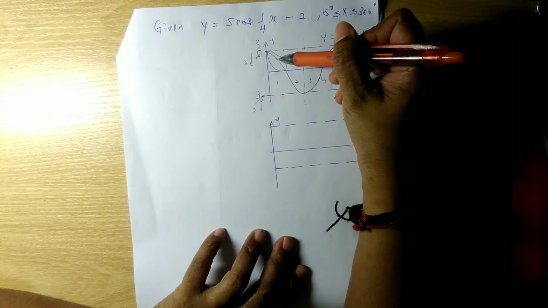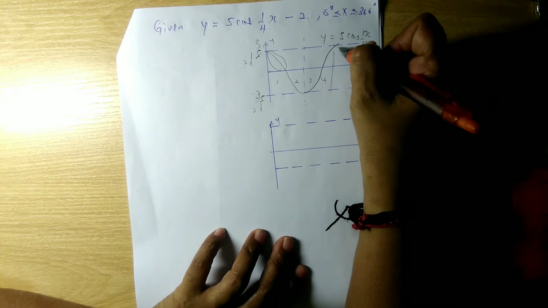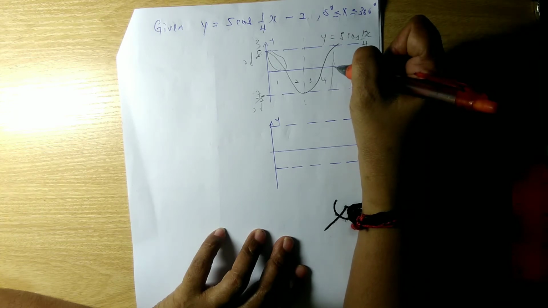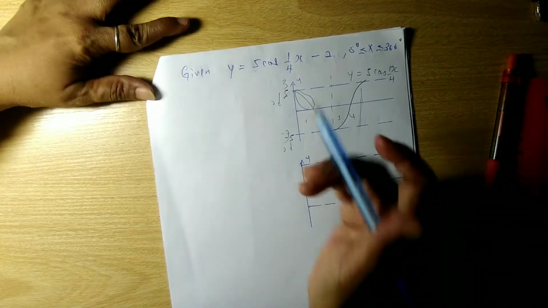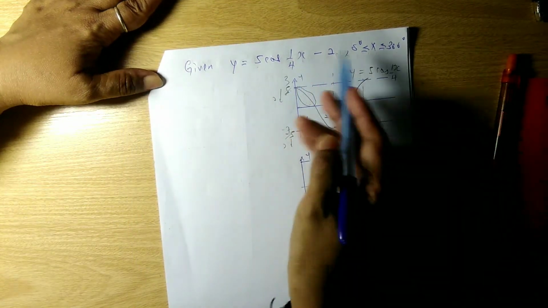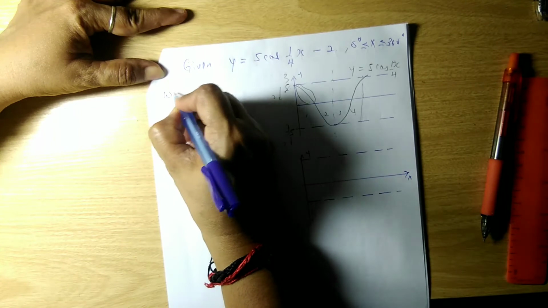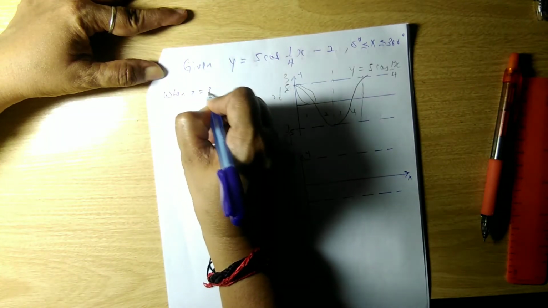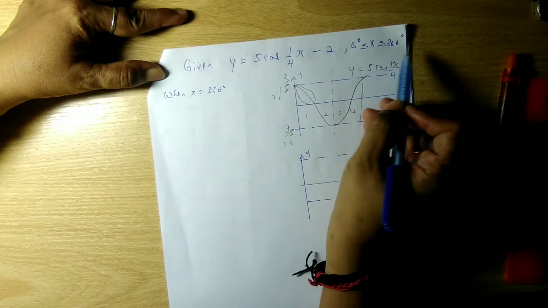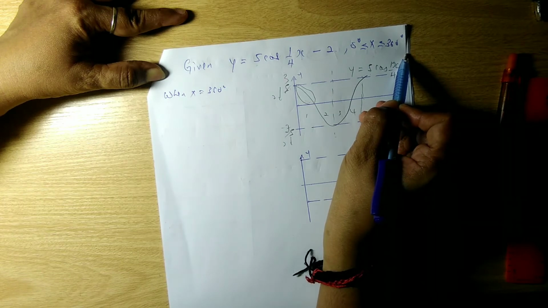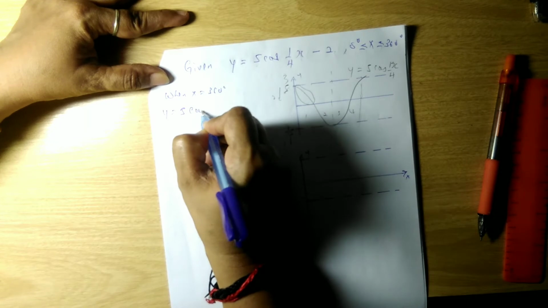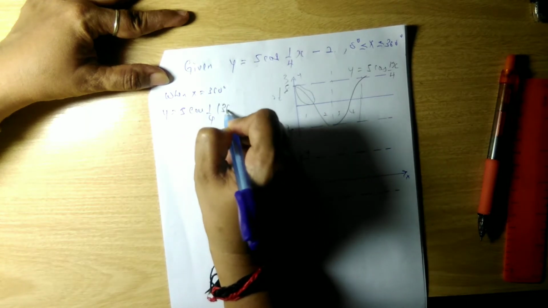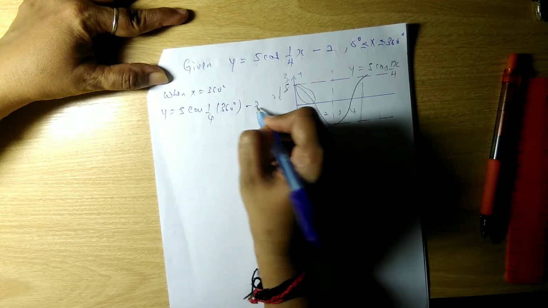So what we can do is, I need only up to 360. We can test it out. Let's assume at 360 what happens, because I only want from this to this. So y becomes 5 cos 1 over 4 of 360, minus 2.